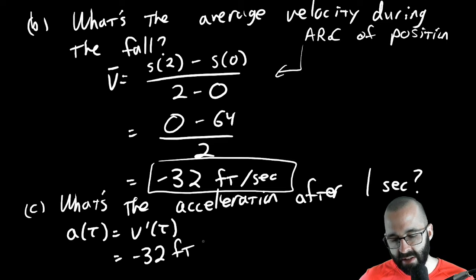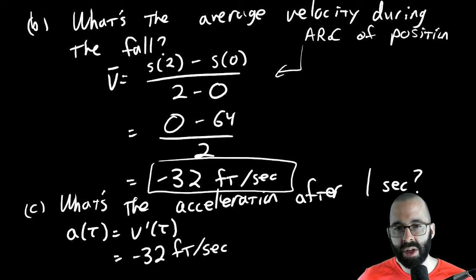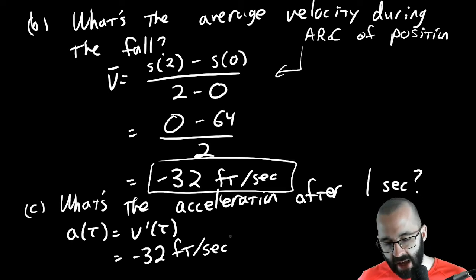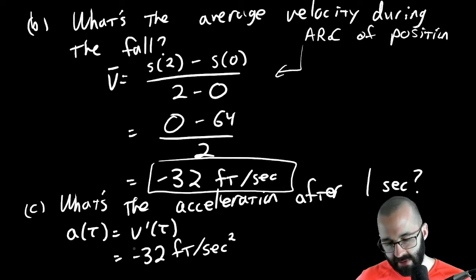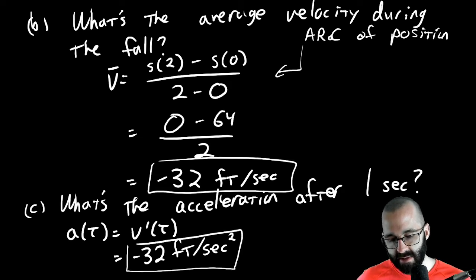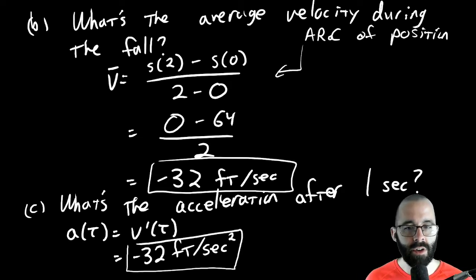The units are feet per second per second. Right? It's the rate of change of velocity. Velocity is feet per second. We're changing by negative 32 feet per second every second. So we usually write feet per second squared. And this is acceleration due to gravity.